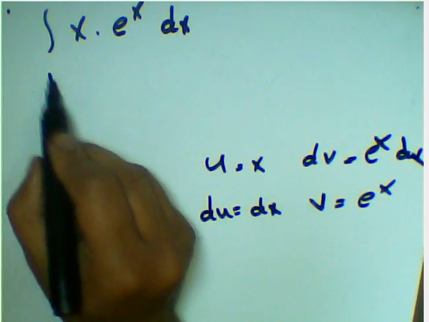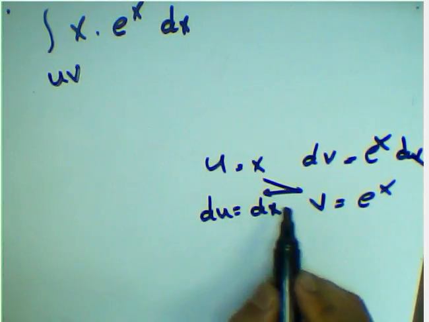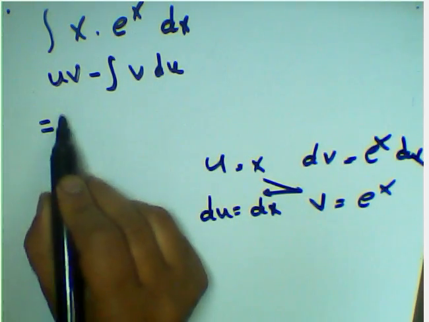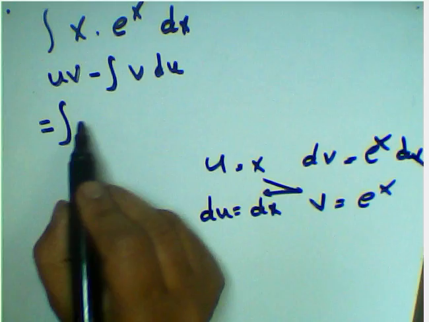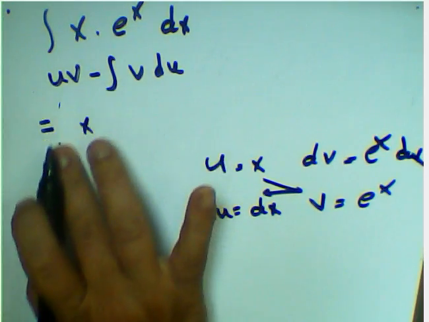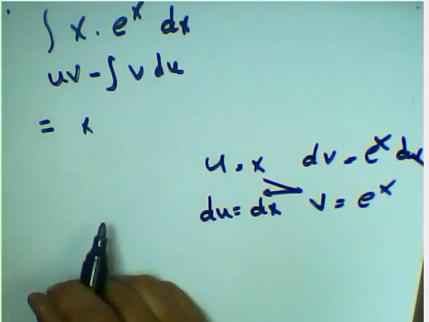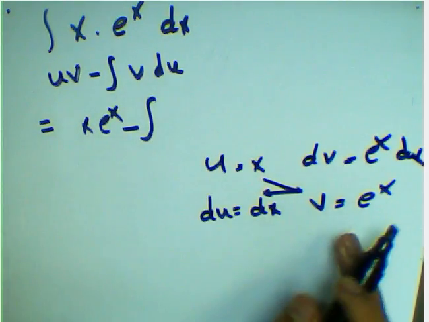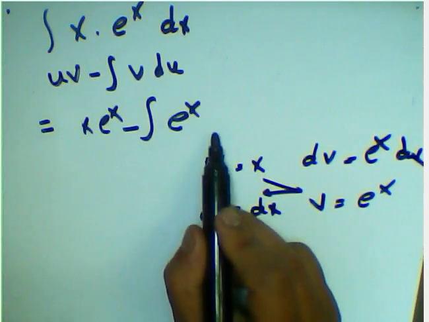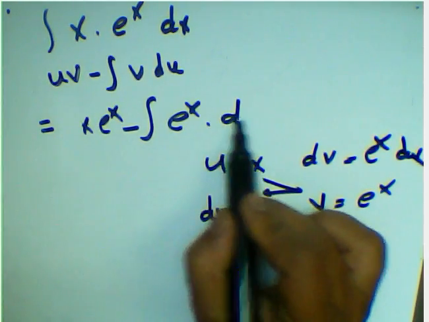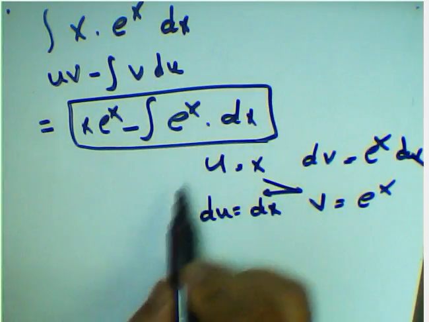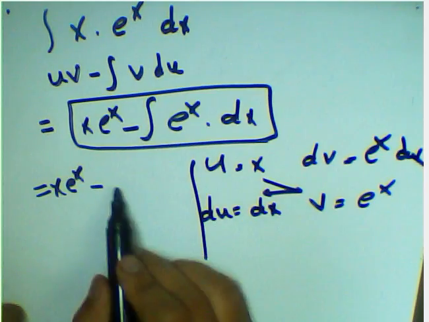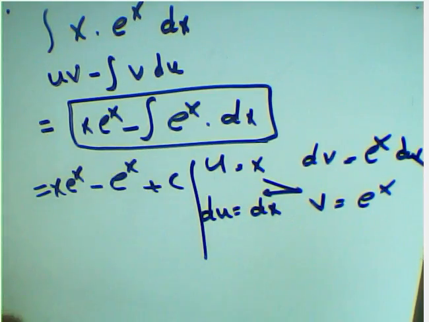Using the rule u multiplied by v subtract the integration of v du, the result is x multiplied by e power x subtract the integration of e power x dx. So the result will be x e power x subtract e power x plus a constant.